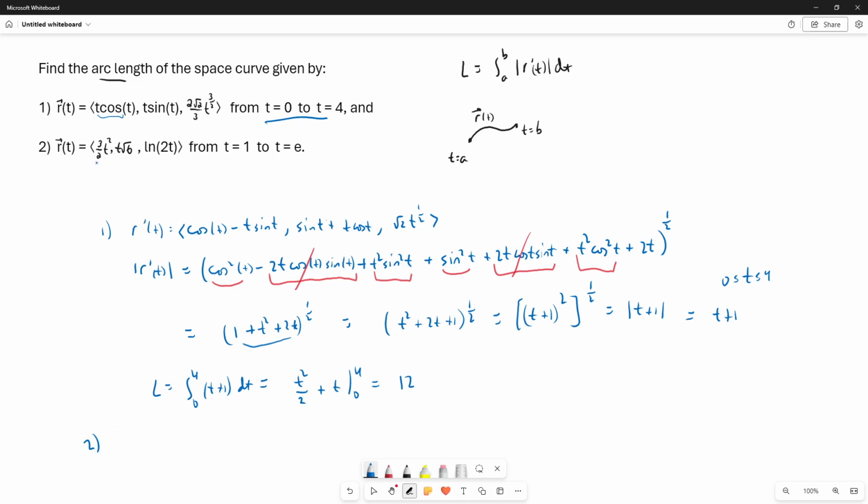In number 2, t is going from 1 to e, and there's r of t. Let's write that one down. r of t is 3/2 t squared, and then t times the square root of 6, and then the log of 2t.